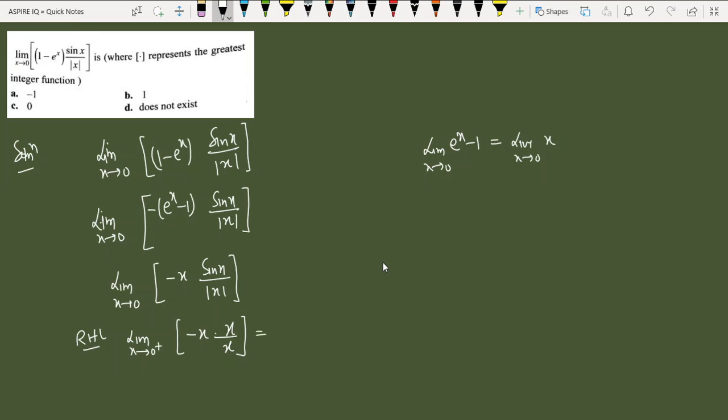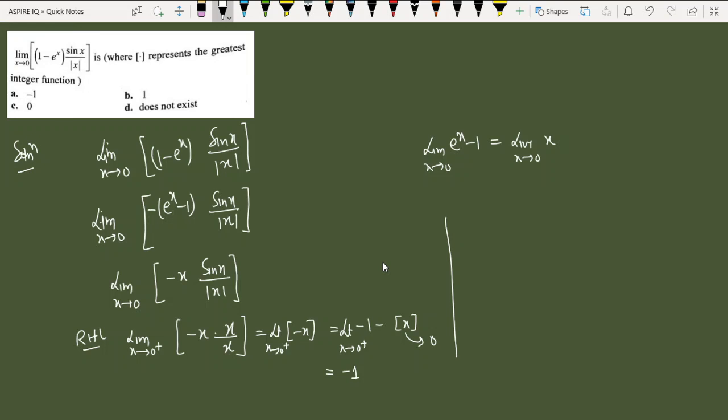So you will get minus x, limit x tends to 0 plus, and mod x is 0 for x tends to 0 plus. So your answer is minus 1 for RHL.